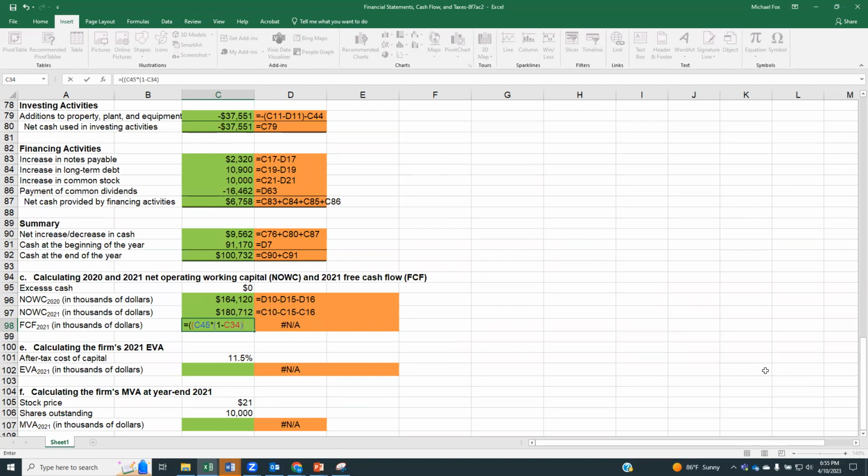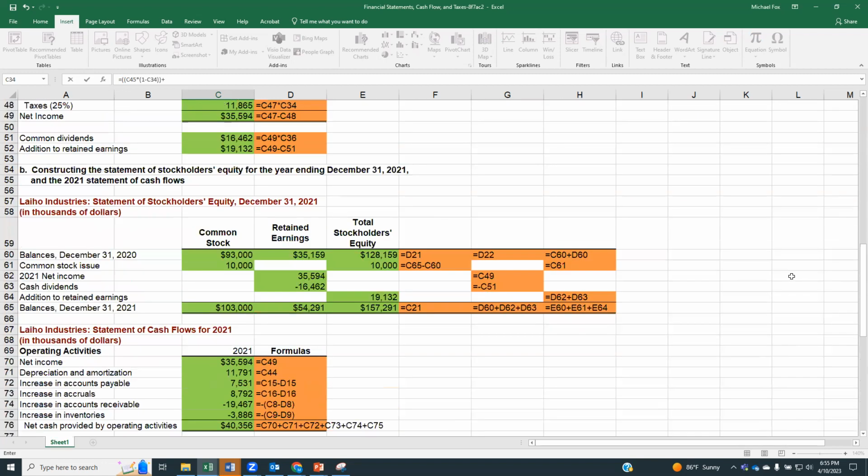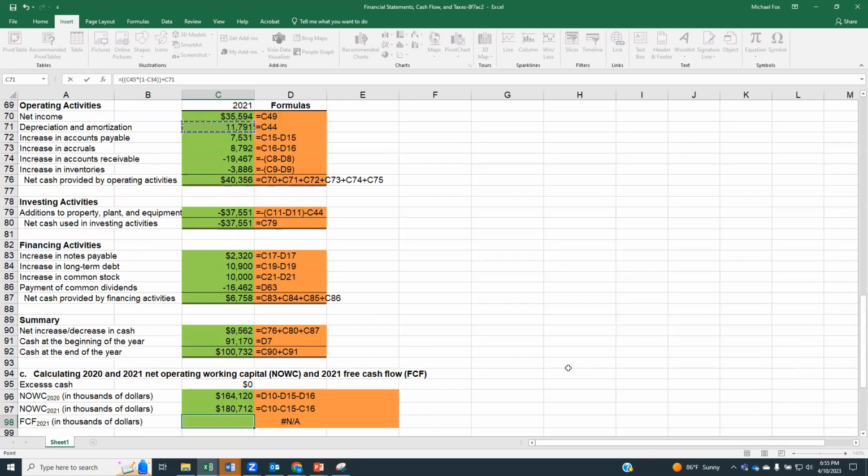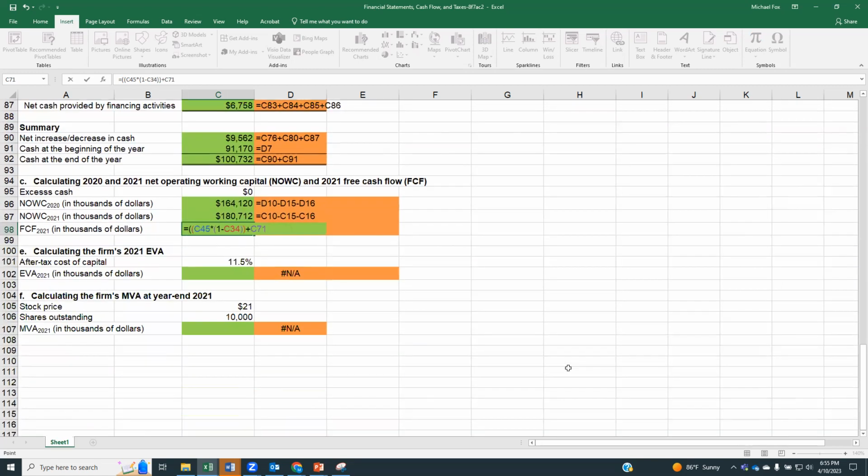And I'll close that parenthesis and close that parenthesis. And I'll hit plus my depreciation and amortization, which again, I'll scroll up and click on my depreciation and amortization from my income statement. And I'll close that. So there's my first part of that.